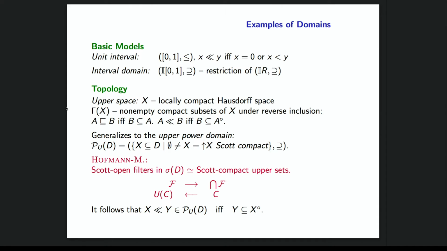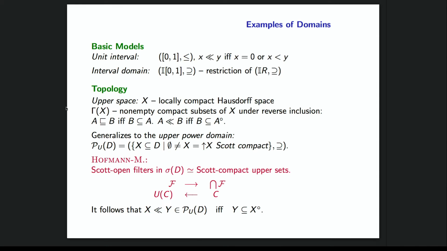Take a locally compact Hausdorff space, like the real line, for example, or Rn if you like, and look at the non-empty compact subsets of X. These are going to play the role of the intervals that we were looking at in the real line, and then say that one of them, A, is below another if B is a subset of A. Again, getting smaller is giving you more information, narrowing down on the information about some property you're looking for. And then A approximates B, again, if B is contained in the interior of A.